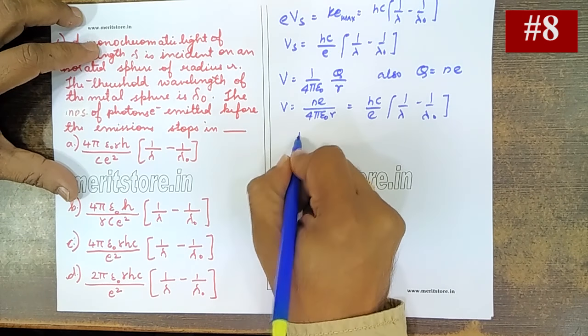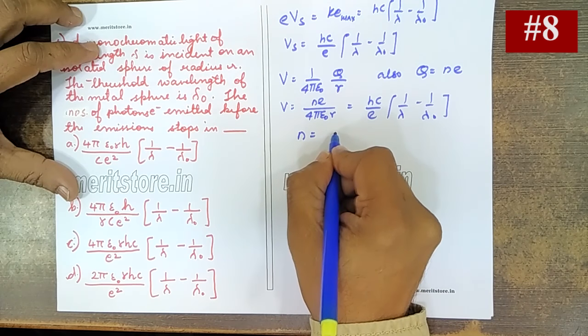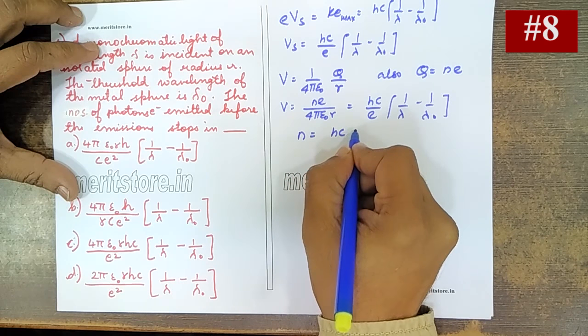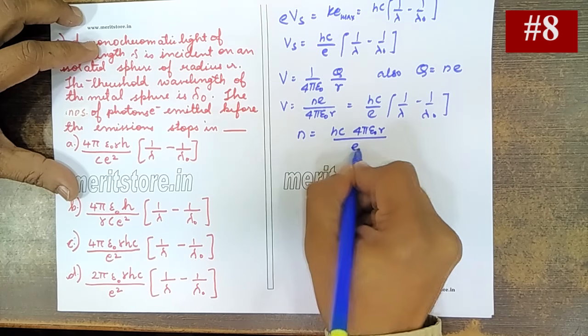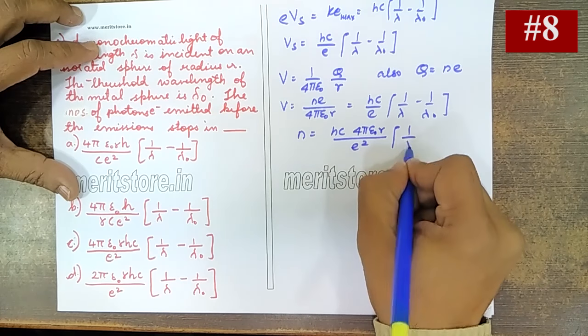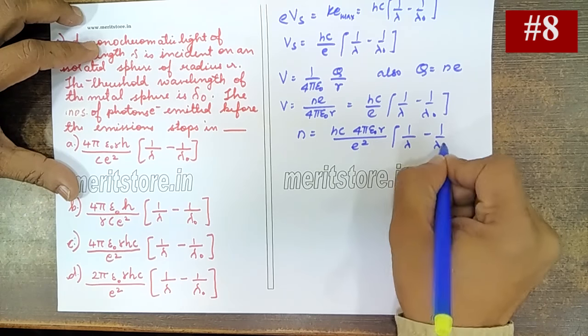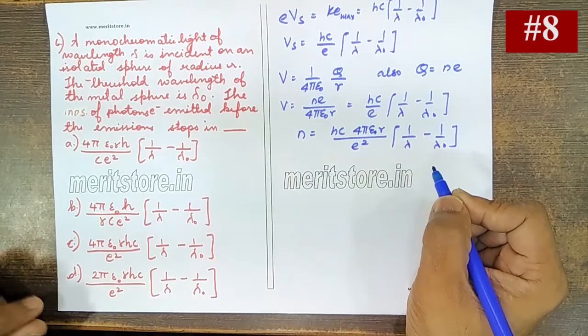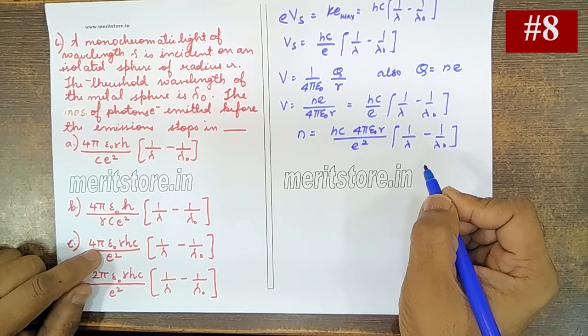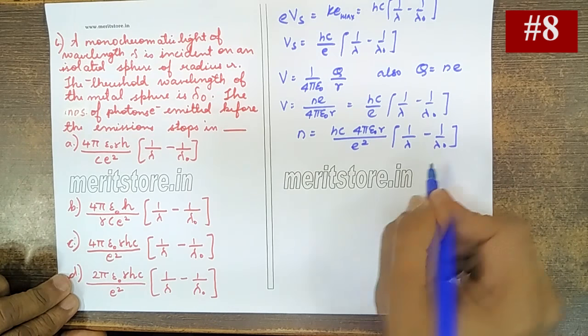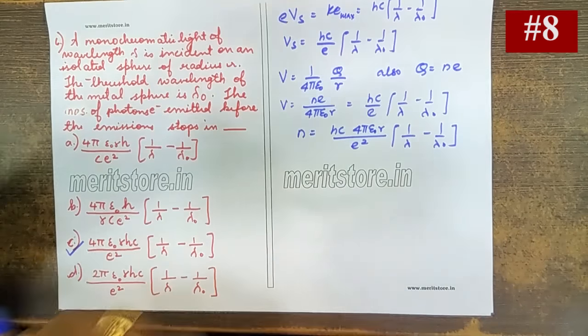So number of photoelectrons emitted N will be equal to hc into 4 pi epsilon 0 r upon e squared into 1 upon lambda minus 1 upon lambda 0. So my choice will be r hc 4 pi epsilon 0 upon e squared, that is C.